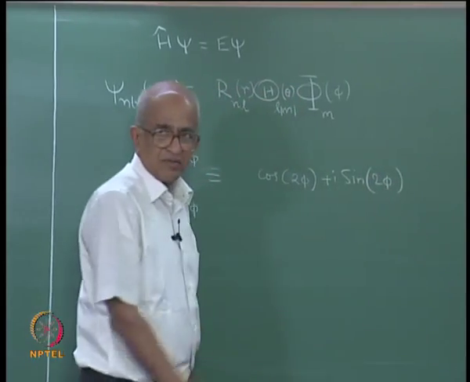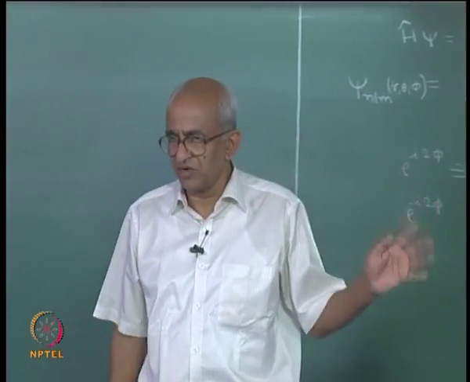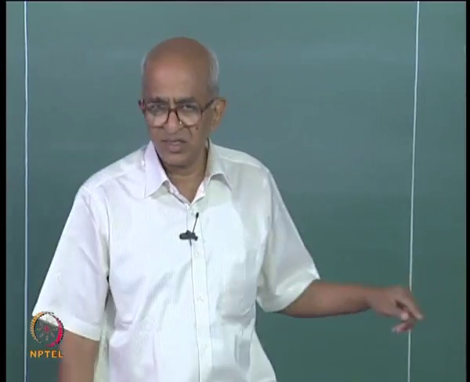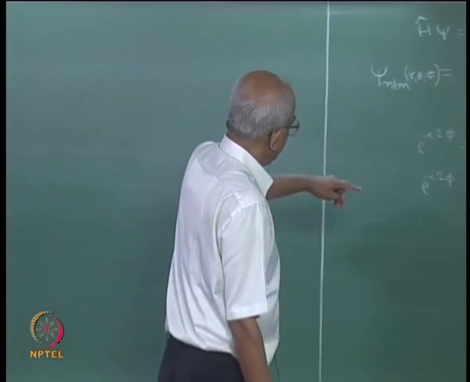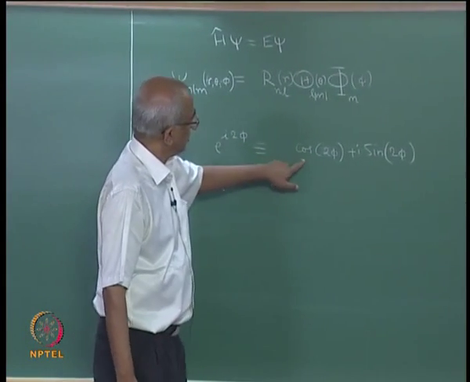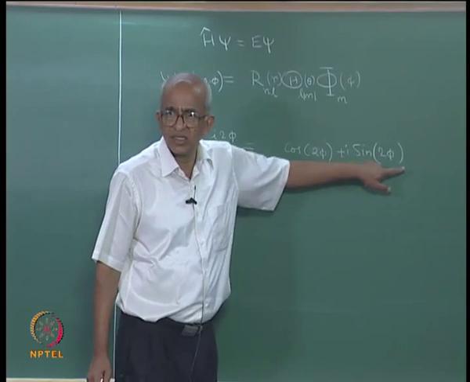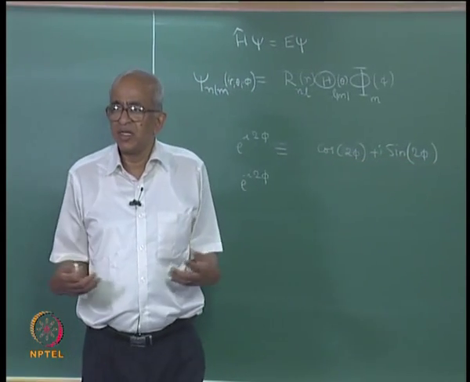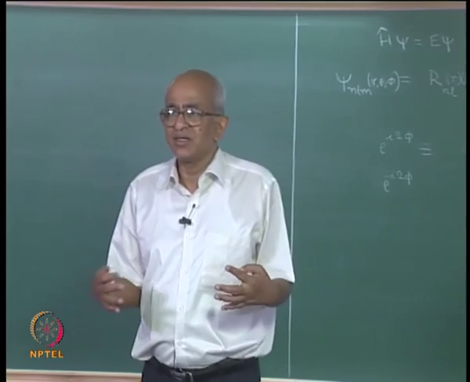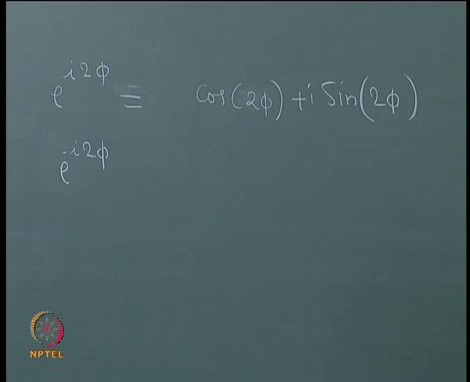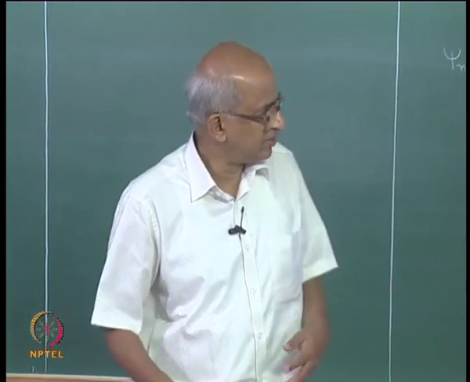You know this result from mathematics. e to the power of i 2 phi actually contains both cosine and sine. So, what you do is you combine these two so that you will get only the cosine or only the sine. The advantage is that the solutions are then real and you are able to visualize them. Chemists usually prefer to have functions which they can visualize.